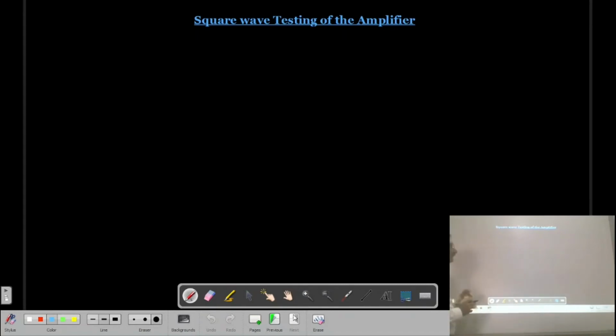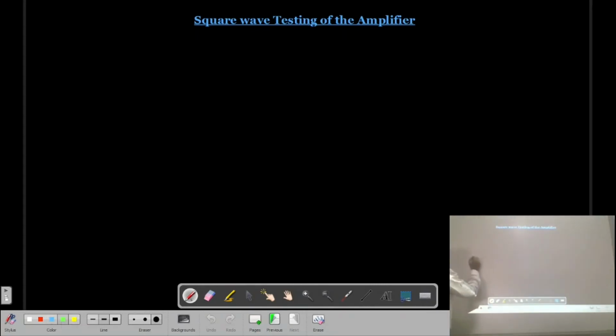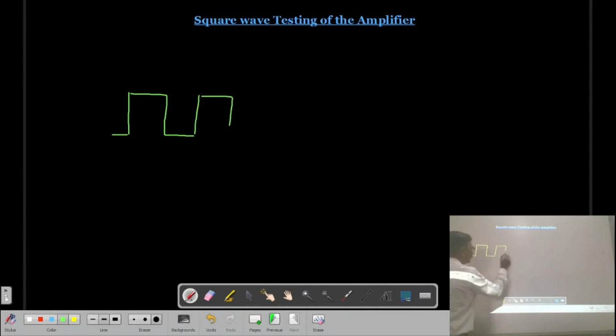Now, here instead of a sine wave, why are we using a square wave? So at the input of the amplifier, we apply this kind of square wave.